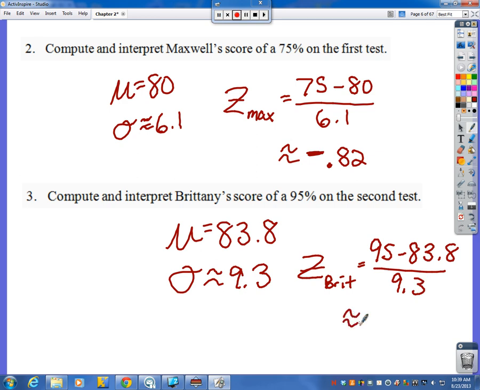So 95 minus 83.8, that in parentheses in my calculator, divided by 9.3, puts me at a z-score of 1.204, if I wanted to go that far. So she is 1.2 standard deviations above the mean. All right, so she is doing pretty well with her 95%.